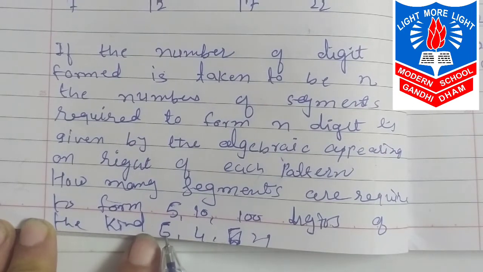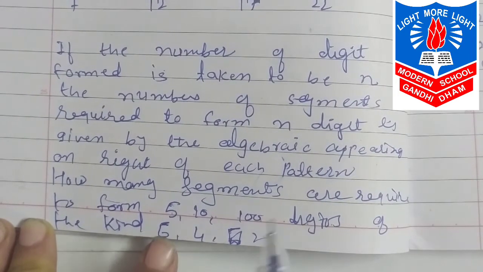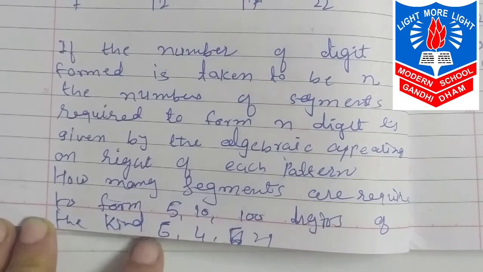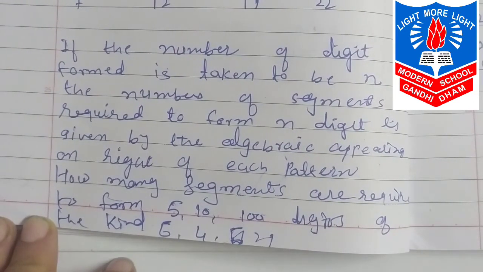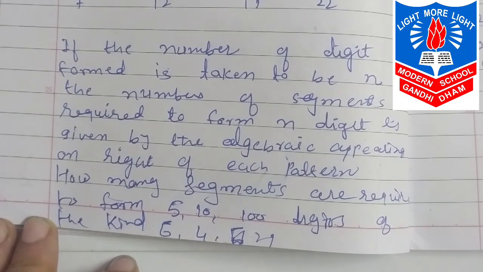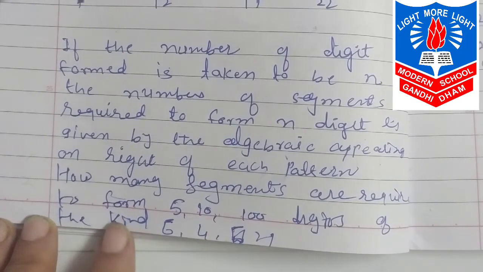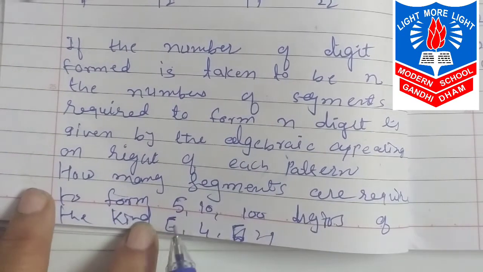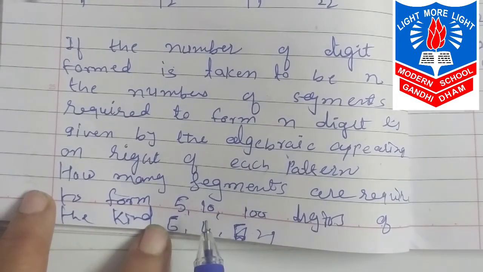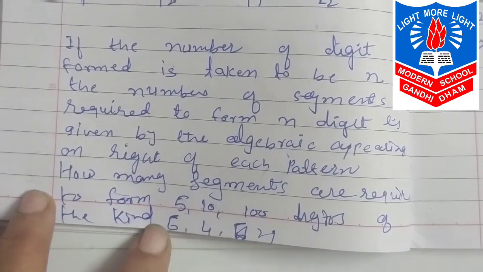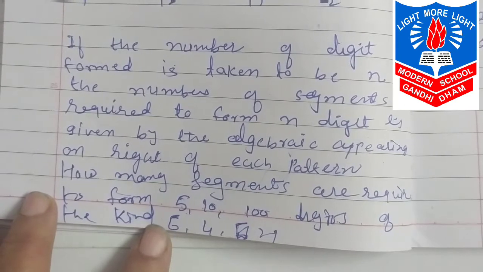It means if we want to make n 6s, n 4s and n 8s, how many line segments are required? But here we will find only for 5 6s, 10 6s and 100 6s.